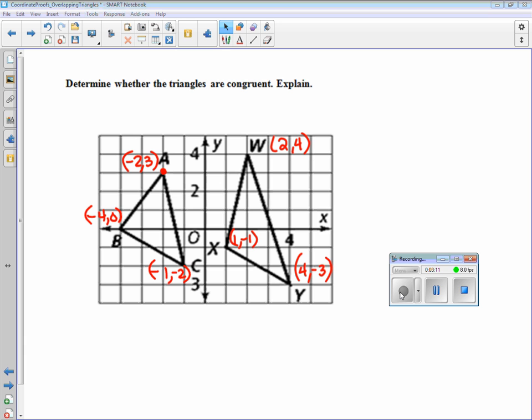In this case, what is the only reason that we could use between SAS, SSS, ASA, AAS, and HL? What's the only way that we could show the triangles were congruent? Side, side, side. Okay? Because they don't have vertical angles.